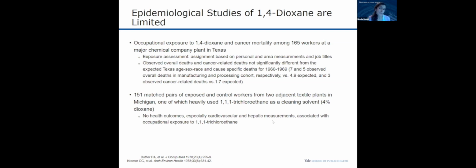Again, this study is not directly ascertaining dioxane, but dioxane was used as a stabilizer in this commonly applied solvent. In this study, it was null as well. There were no health outcomes, and they were particularly looking at cardiovascular and hepatic outcomes that were associated with exposure to the 1,1,1-TCA solvent that contained dioxane.